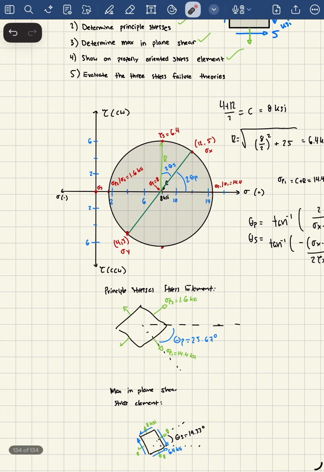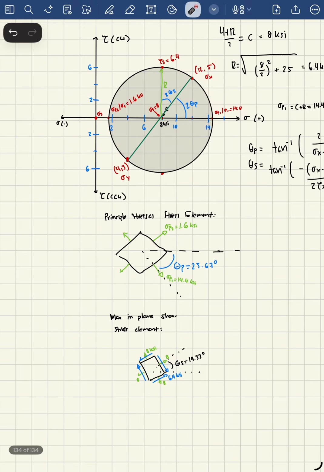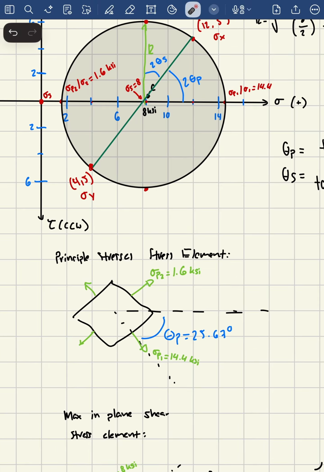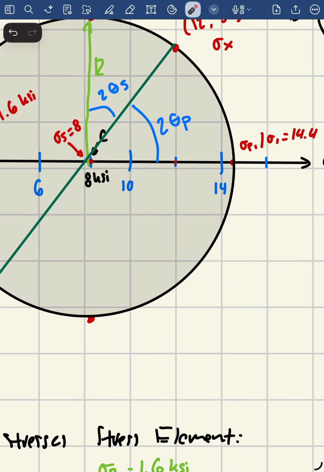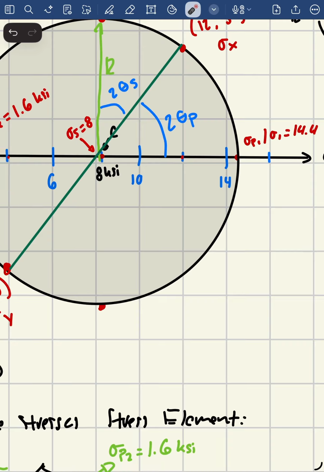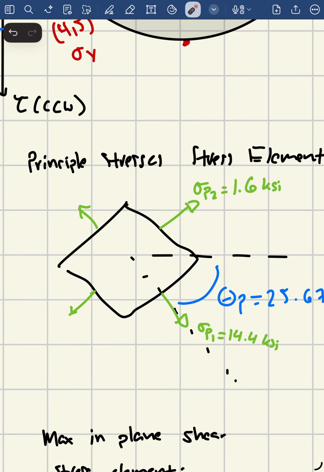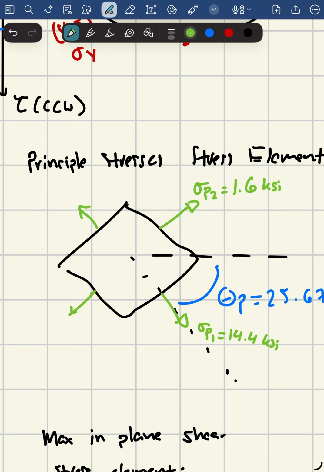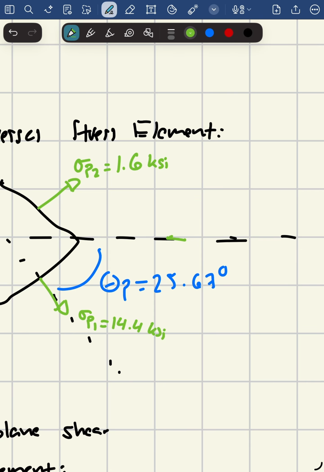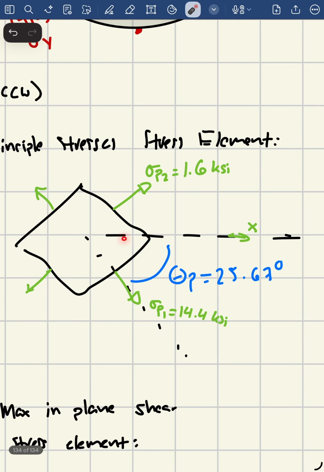So here we have the principal stress element. So looking here, we have to rotate, this is our current element, we have to rotate clockwise to reach this principal stress element. So how we draw this is, this shows the traditional x-axis, and we rotated this box clockwise, downward, per se, to reach that principal stress.